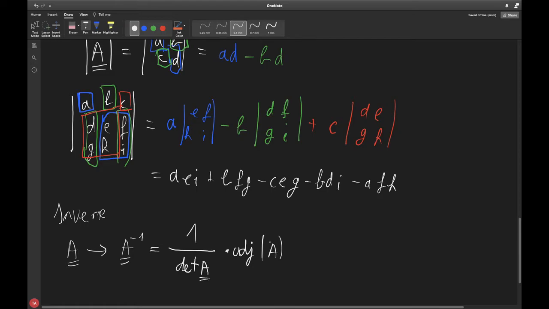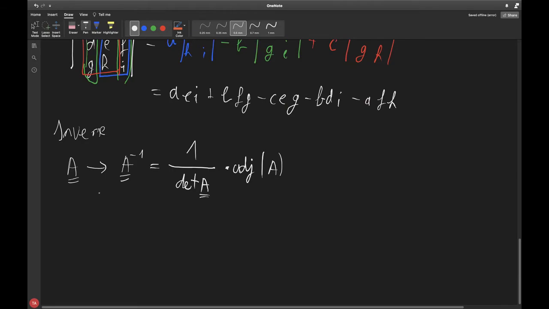So if I have a 2 by 2 matrix, that's easy. The 2 by 2 case.